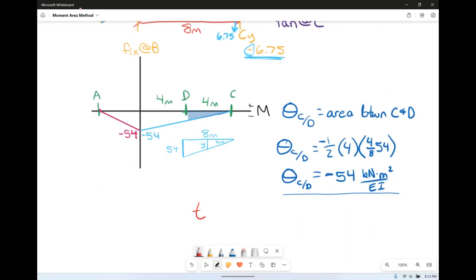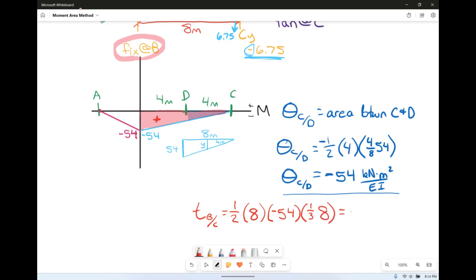So the vertical deviation of B with respect to C is going to equal the moment of the area of B to C, this area right here, taken about B. So we have 1/2 times the base of 8 meters times the height of negative 54 times his distance from the centroid, which is about right here, to B. So that's going to be 1/3 of the total distance of 8.